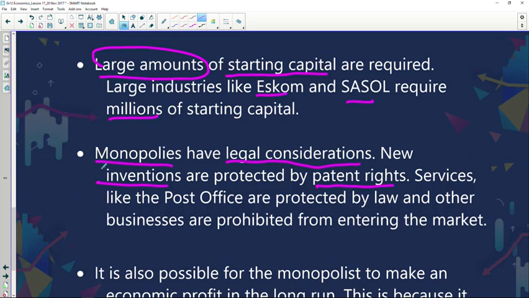Services like the post office are protected by law, and other businesses are prohibited from entering the market space. This could be a bad thing as well in terms of the quality of service that we receive from monopolies, because they know that they are in a protected space. There isn't that pressure for them to continuously reinvent themselves so that they become appealing to consumers.